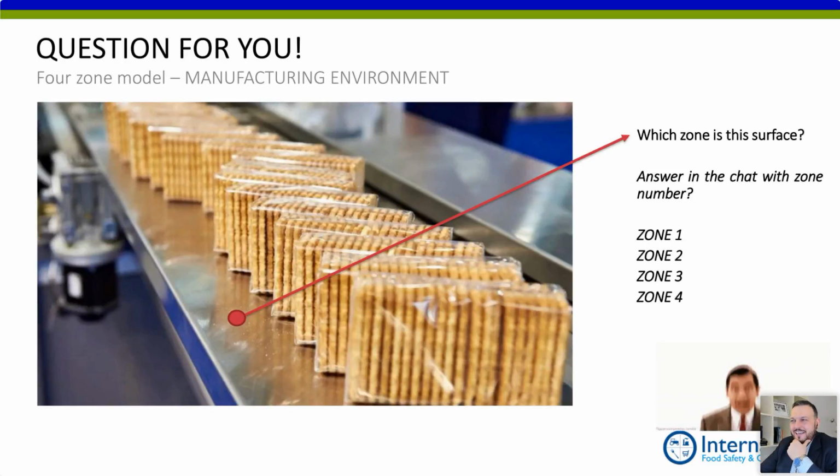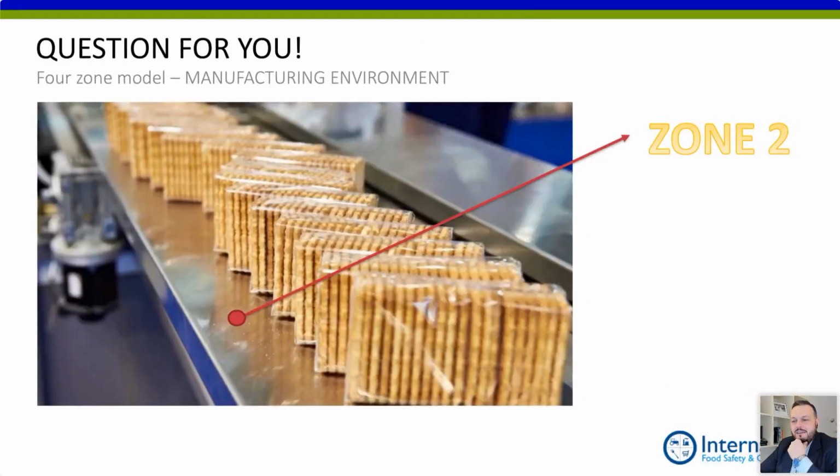Yes, I would say that this zone is zone 2. Why is this zone 2? Because it is not in direct contact with the product. This is packed product. It is in contact with the packaging. And this product is a really dry product, so no potential for development of microorganisms, and this is zone 2.